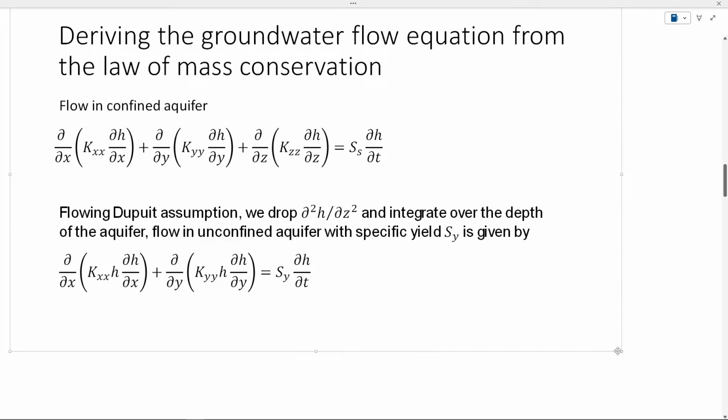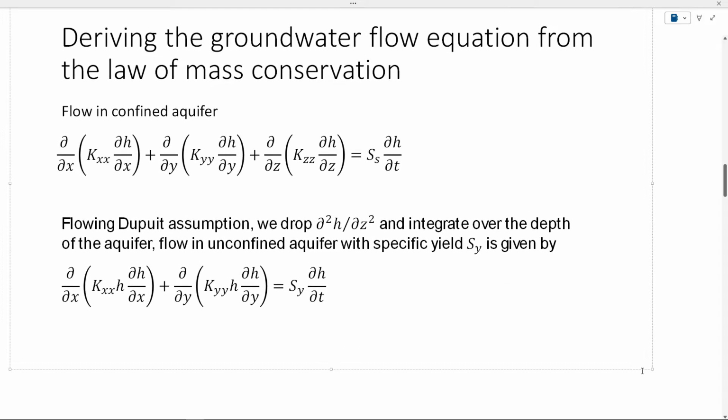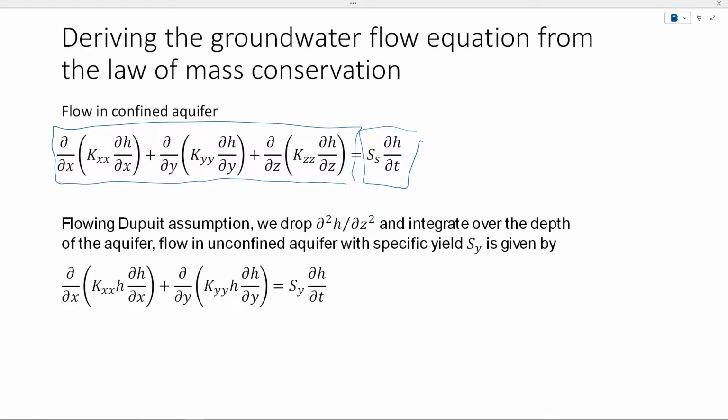So basically, this equation is telling me the change in hydraulic head as a function of time is equal to the change in hydraulic head inside my control volume. This is in a confined aquifer.